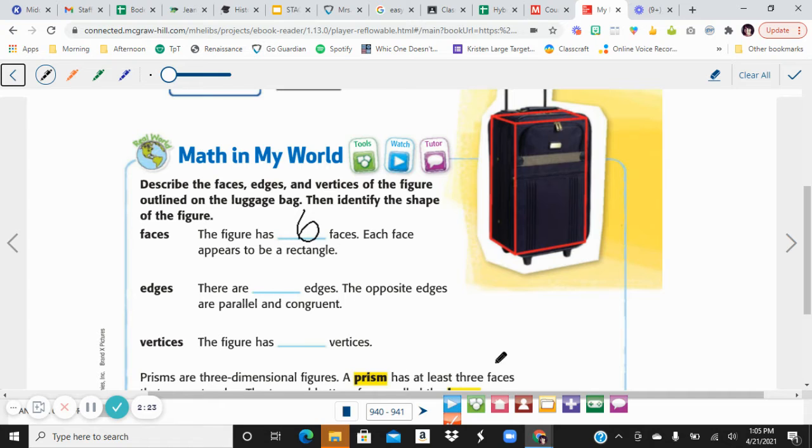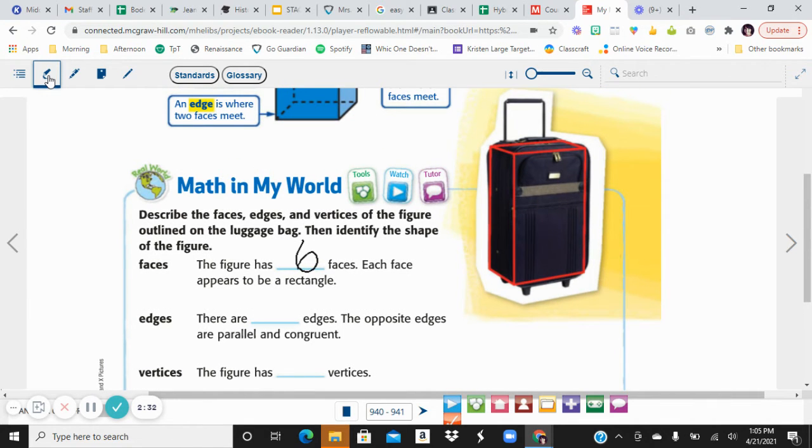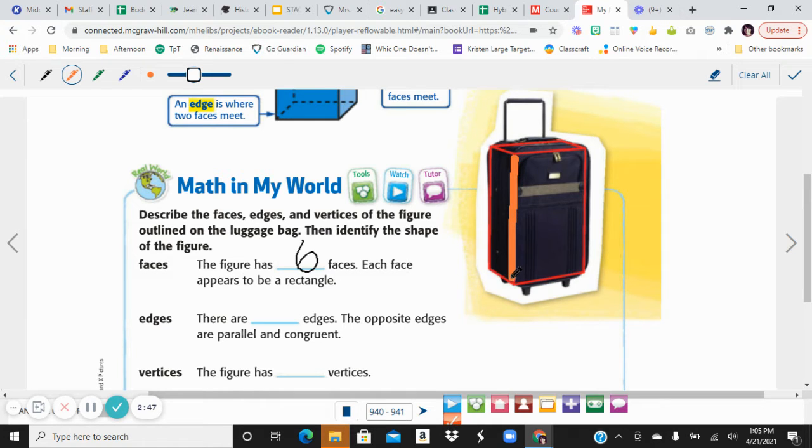Now let's count the edges. I'll change my pen color. So let's draw over our edges. We have one edge right here.